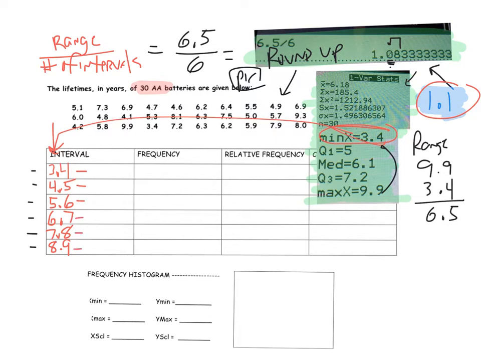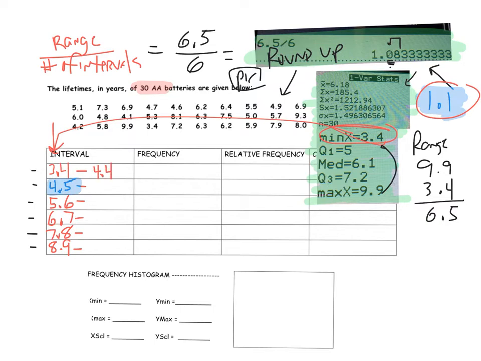Then what I'm going to do is figure out the ending points, the upper limits. Here the second interval starts at 4.5. So this first interval has to end at 4.4 so that the next one could start at 4.5.